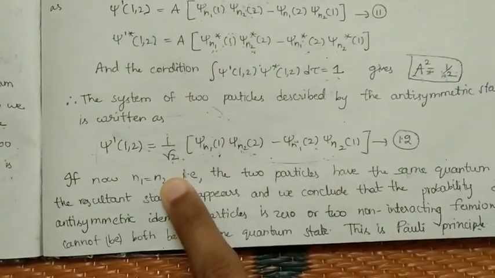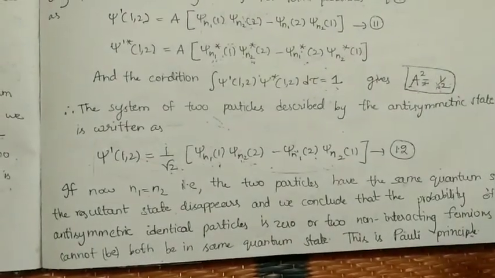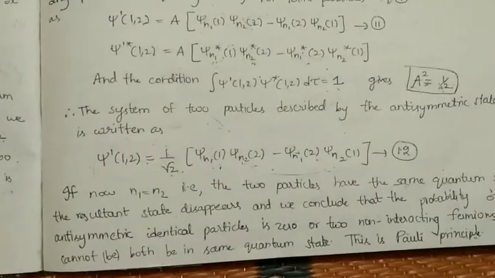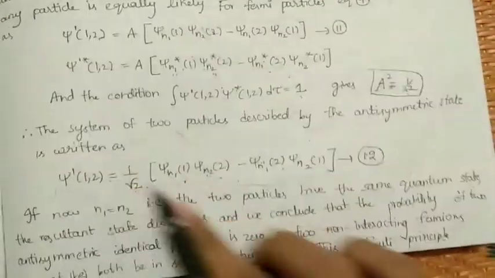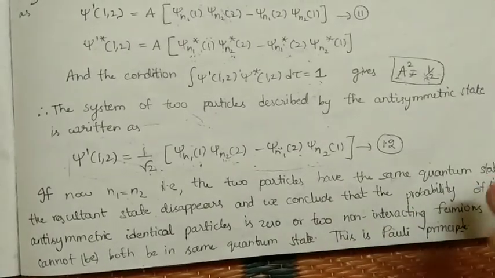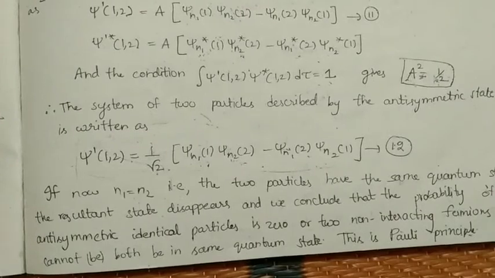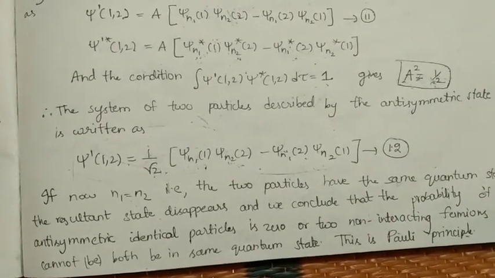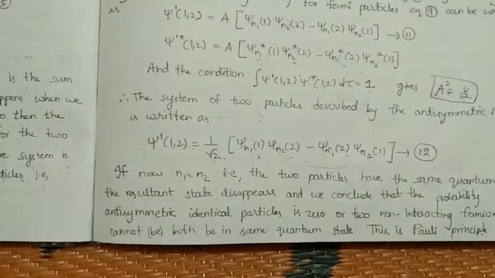So when the two quantum states of two electrons are the same, then in such a case the eigenfunction does not exist, it vanishes. That means no two electrons can have all four quantum numbers the same. So that is Pauli's exclusion principle. And here we have considered it for the case of two electrons.